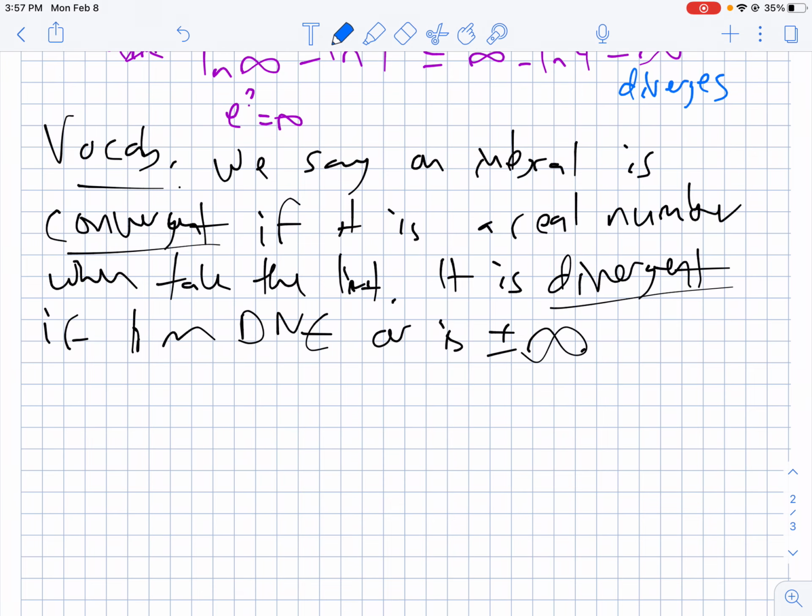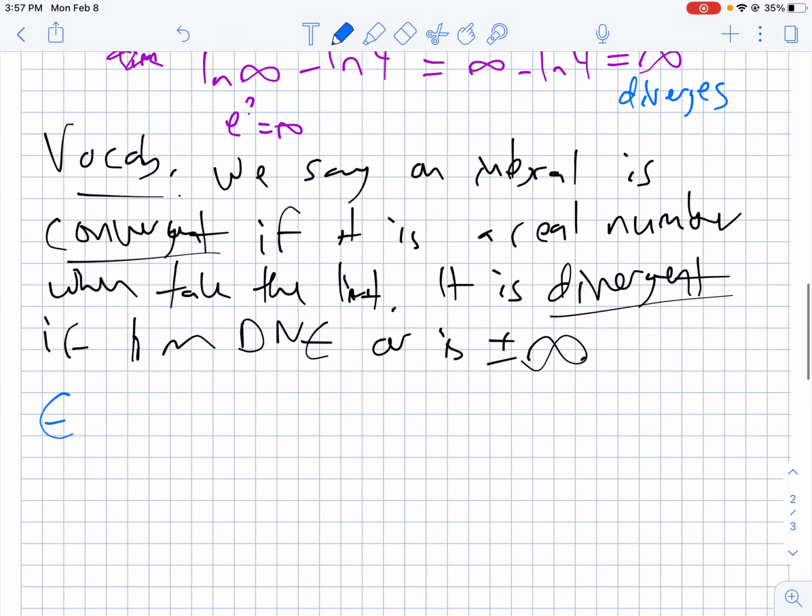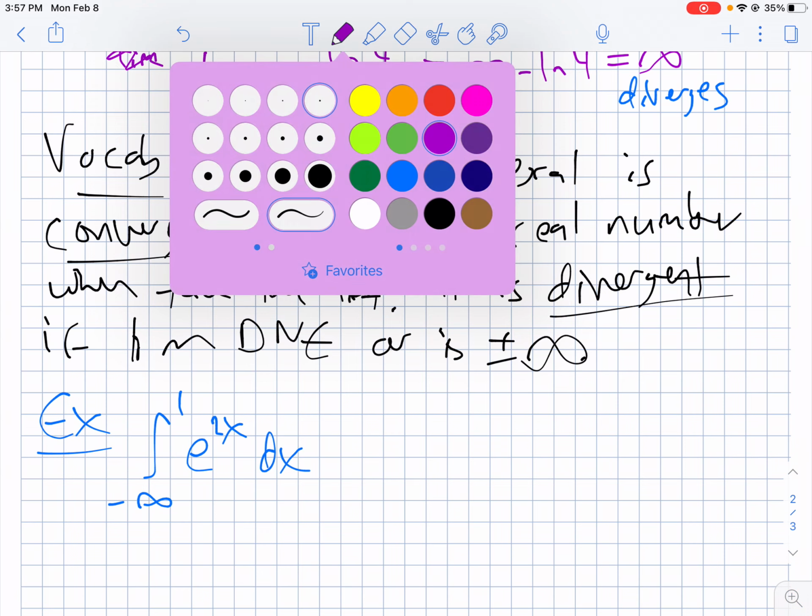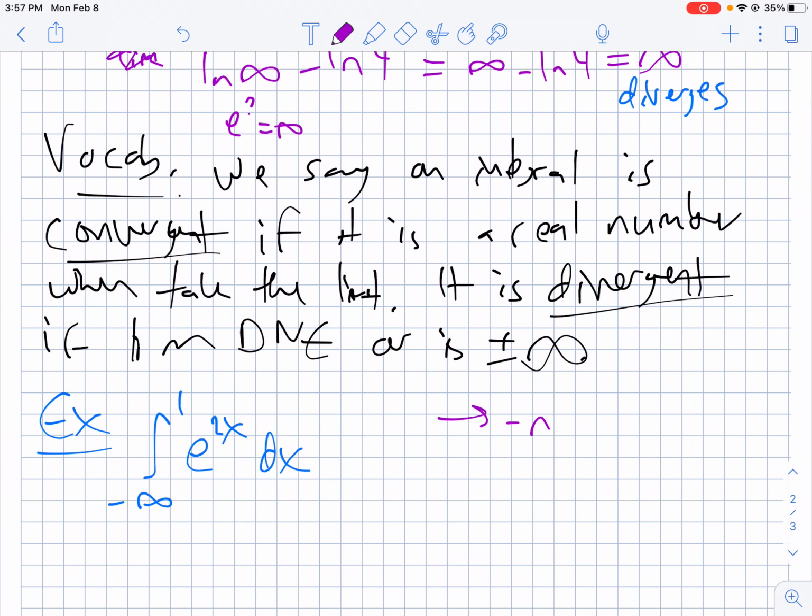All right, so let's look at another example here. Let's suppose someone asks us to find the integral from negative infinity to 1 of e to the 2x dx. Now two things to keep in mind here. First off, when you have negative infinity, it's the same as positive infinity.